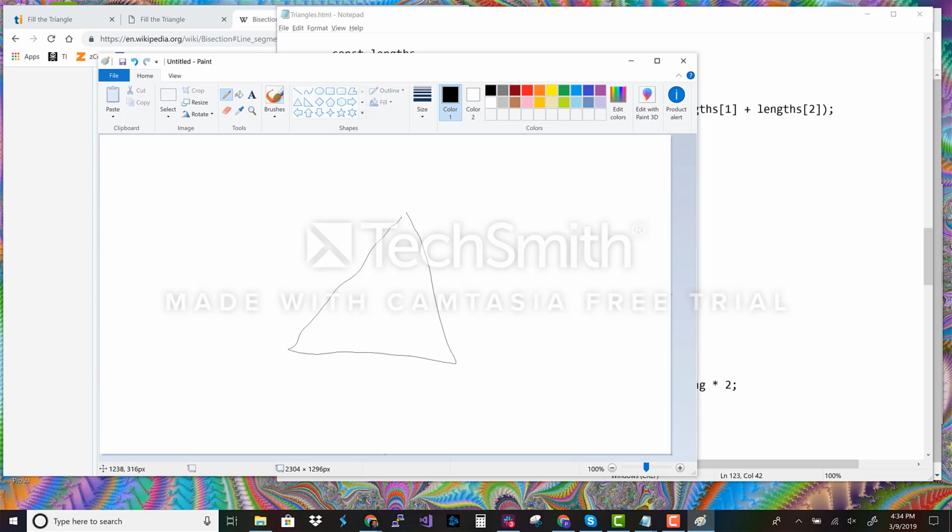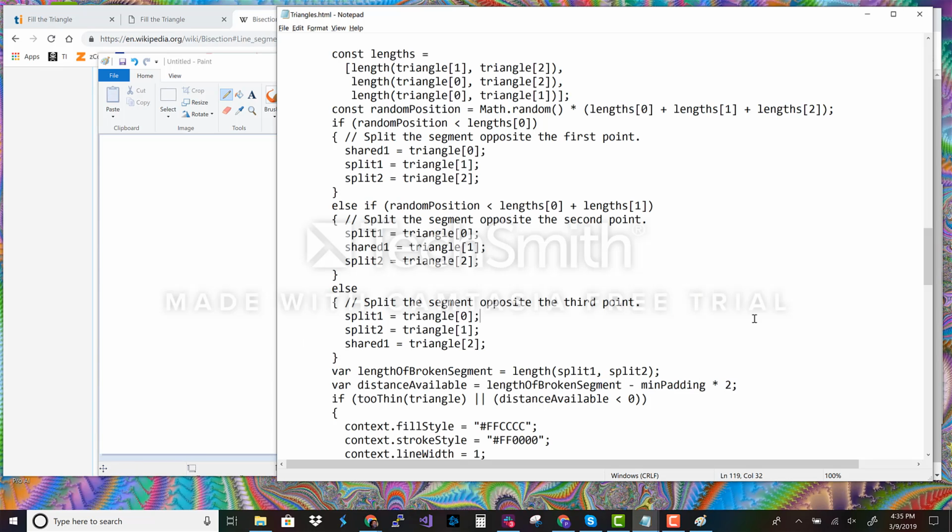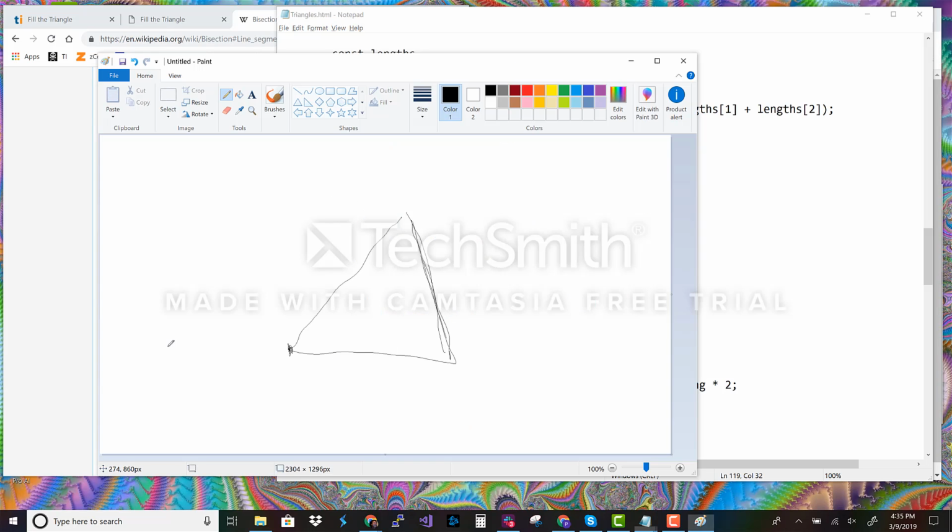So we went around this polygon and decided some random place, and all we did with that is say it's definitely going to be this line that we're breaking up and this point that we're going to. And that's what split 1, split 2, and shared are. So now length of broken segment.